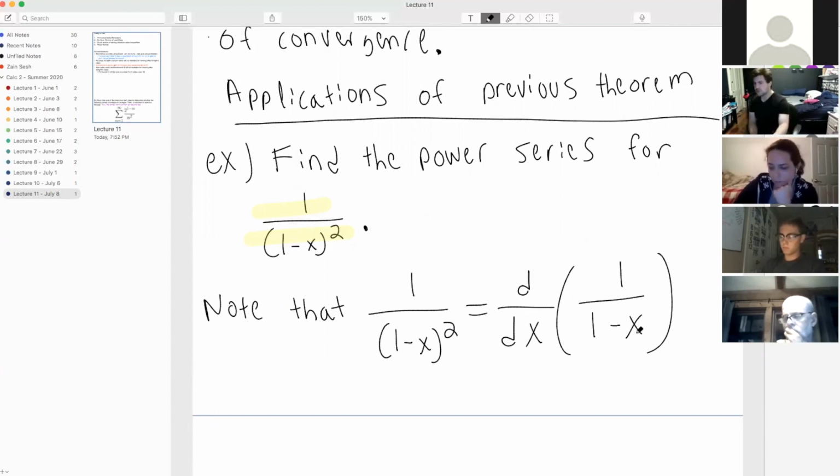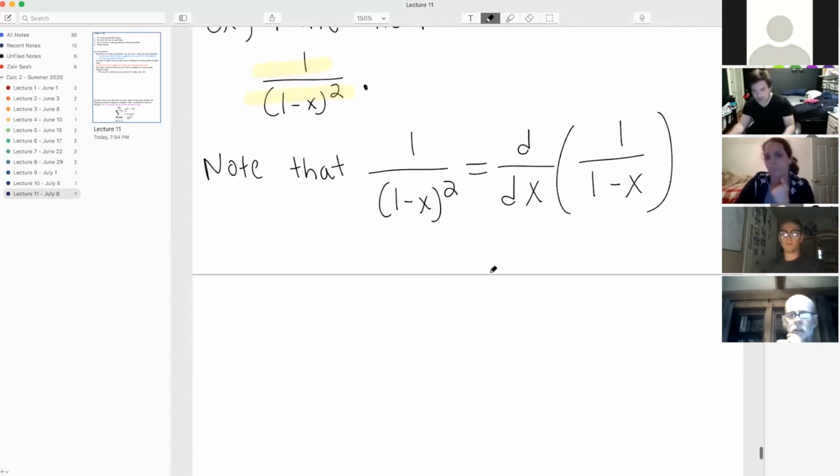I hope you agree with me. If I take the derivative of 1 over 1 minus x, I will obtain the left-hand side of this equality. So what we want to do is differentiate the power series for this guy, and that's what the theorem tells us we can do.